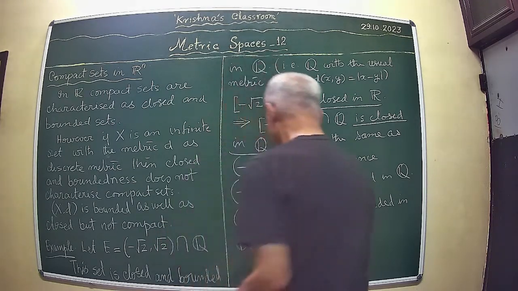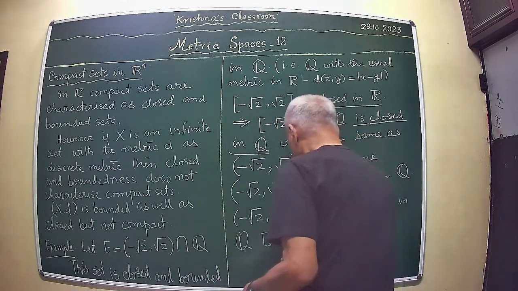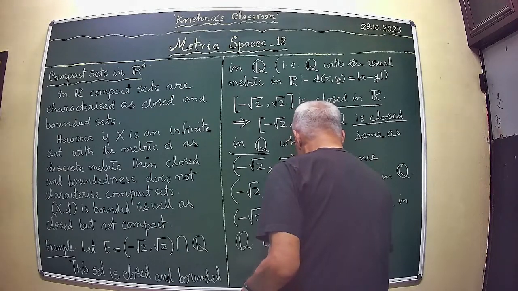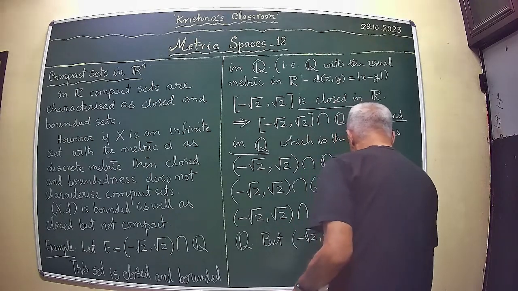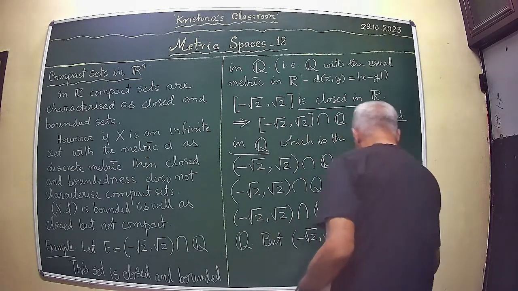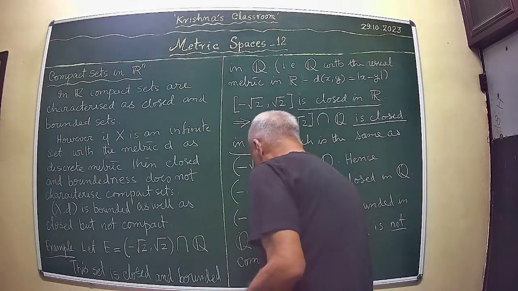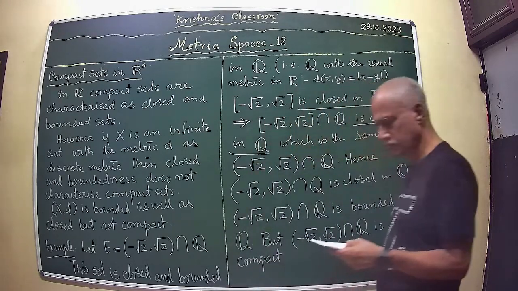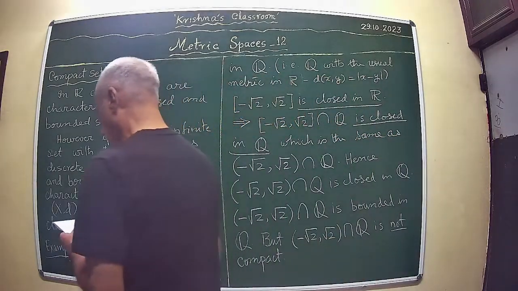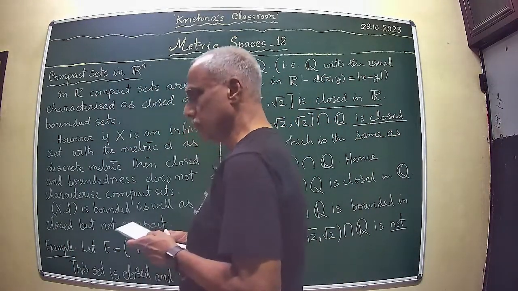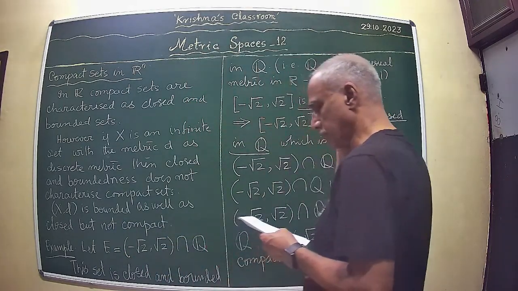Now we want to show that it's not compact. Why? So we produce an open cover for the set which does not have a finite subcover.